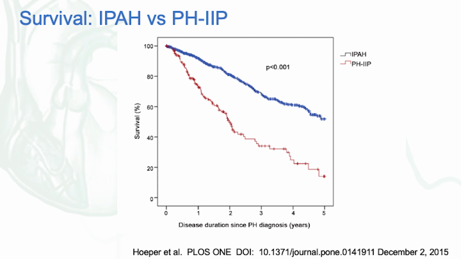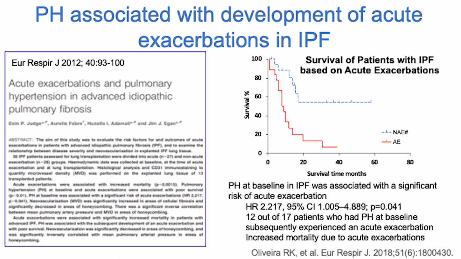This is pulmonary hypertension due to idiopathic interstitial pneumonias. It's bad. And we all know that pulmonary arterial hypertension is bad, so this is badder. We need to do something about it. What's interesting also is that if you have pulmonary hypertension in the setting of IPF, you're more likely to have an acute exacerbation. And we all know that has an 80% 3-month mortality. This is not a good thing to have.